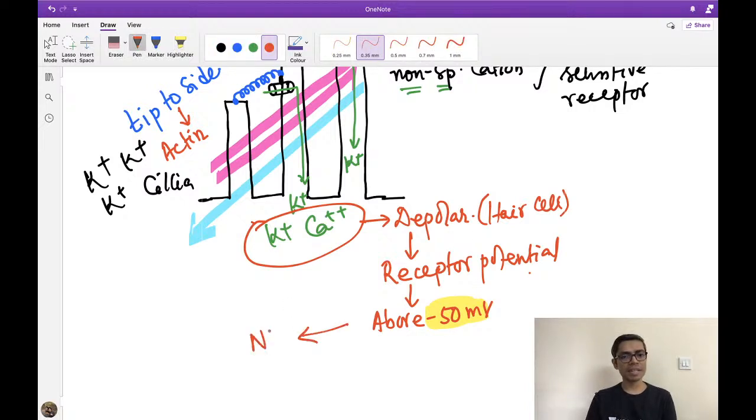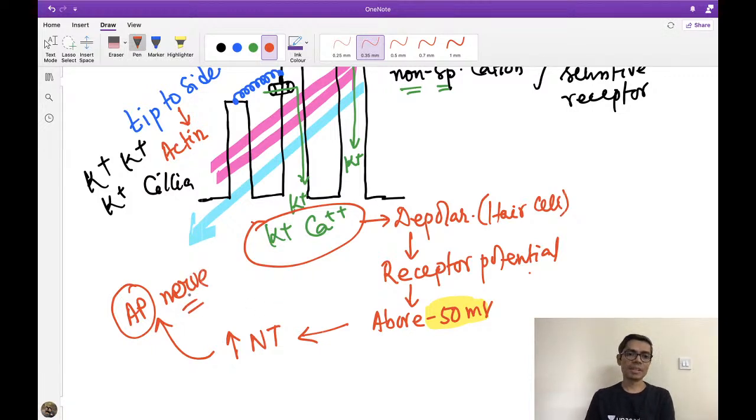There will be increased neurotransmitter production, and this neurotransmitter is going to produce action potential at the level of the neuron, at the level of the auditory division of the cranial nerve. This action potential reaches the brain, and that is nothing but your sound perception.